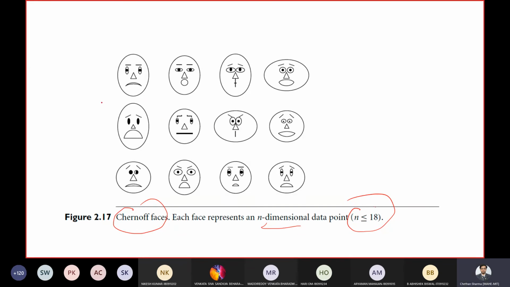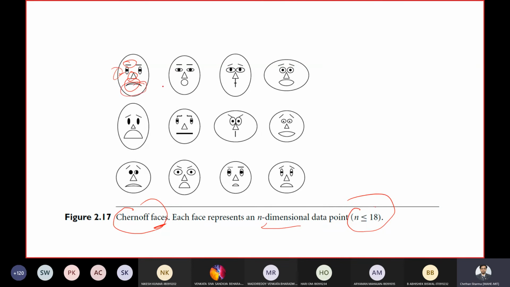The components of this Chernoff face could be your eyes, ears (ears are not shown in this particular figure), mouth, nose, and eyebrows. These might be the components in each of the faces, and each component represents the values of dimensions by its shape.